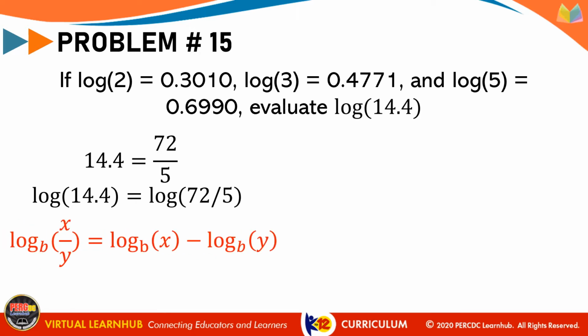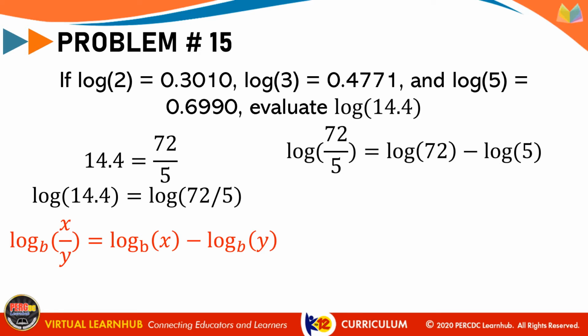From the property of logarithm, log of x over y to the base b equals log of x to the base b minus log of y to the base b. We will have log of 72/5 equal to log of 72 minus log of 5.